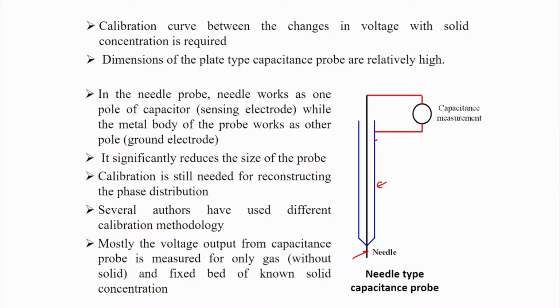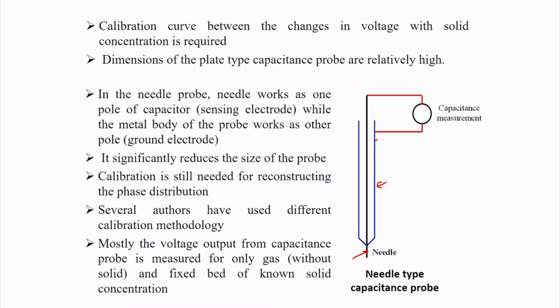So, this will now be acting as two electrodes. Instead of two plates, I have put a small structure inside, which has a small needle at the center. The needle will work as one electrode, and the body of this whole probe will work as the second electrode. So, the needle will be the sensing electrode, the body will be the ground electrode.